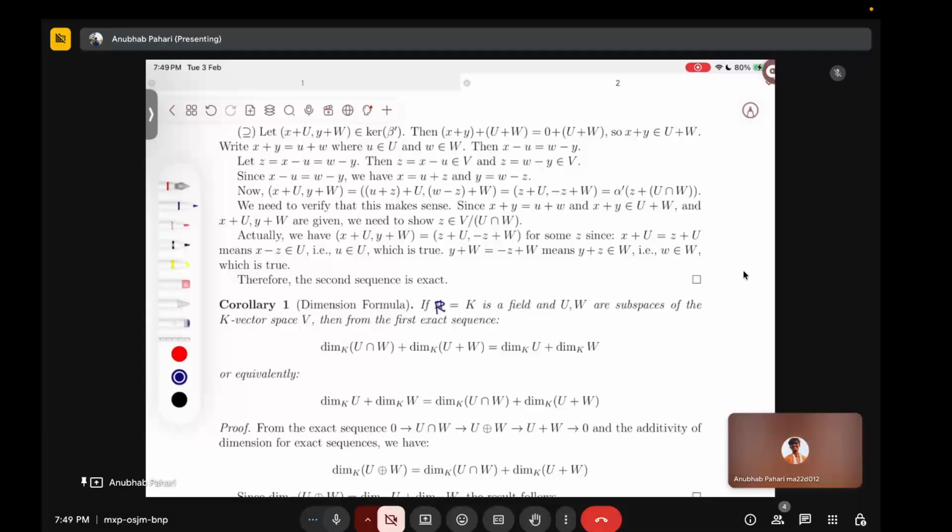A trivial example for modules is that vector spaces over fields are modules, because if you take your ring as a field, then you get the module structure. A module is a generalization of vector spaces, where you replace your field by a ring. You know that a field is a ring, right? Because there is multiplication and addition.